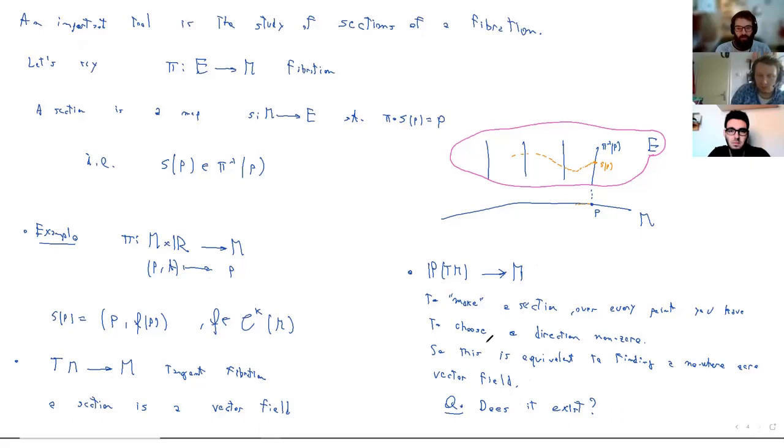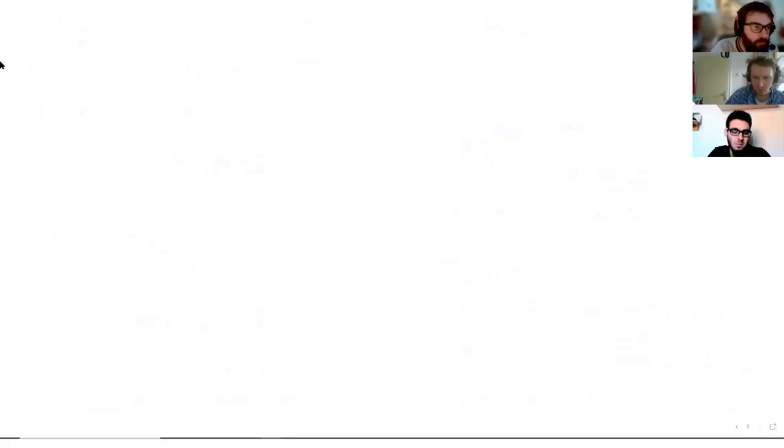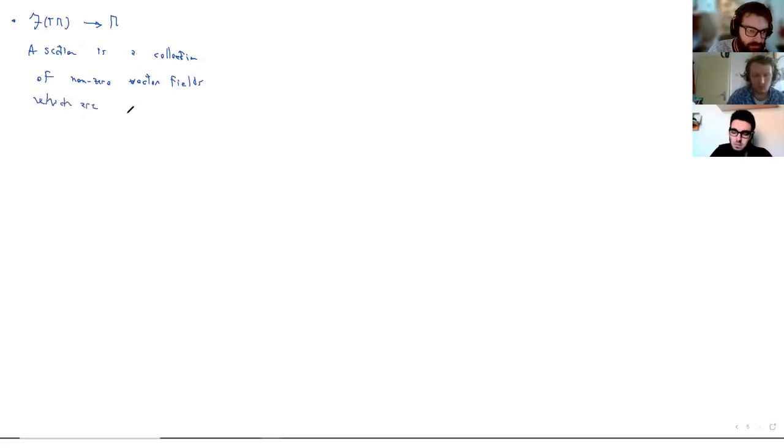And of course, if we look also at the frame bundle, it is even worse, because now it's not enough to look for just one non-zero vector field, but you have to look for a collection of non-zero vector fields which are pointwise linearly independent. So a section is a collection of non-zero vector fields which are pointwise linearly independent.